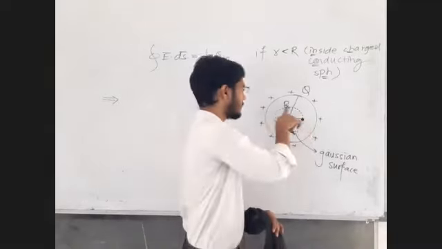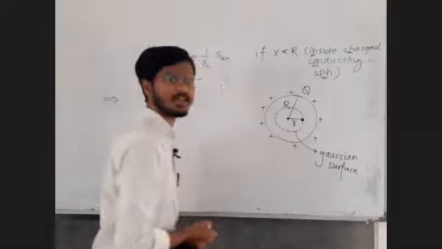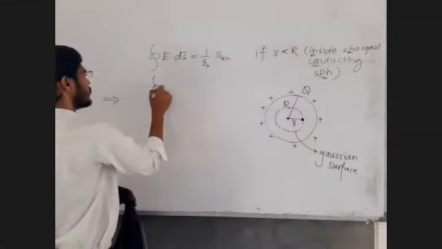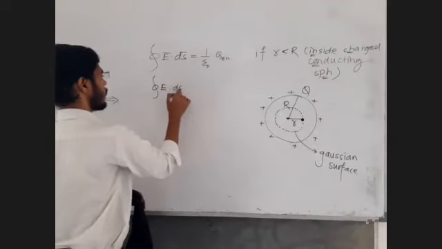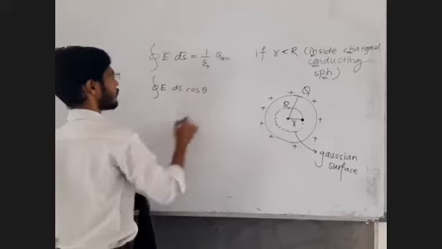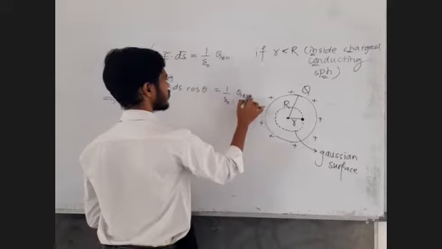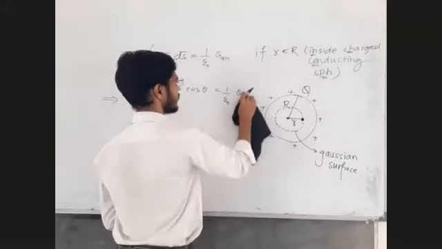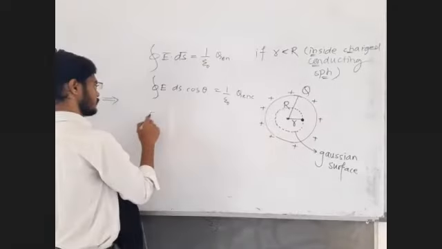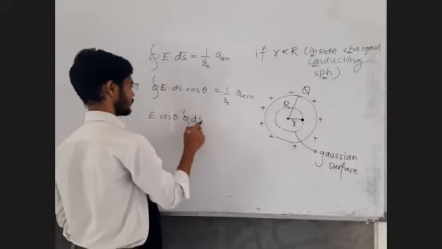Now because of the symmetry, at each and every point on the Gaussian surface, electric field will be constant. Theta is also going to be constant everywhere. So constants are taken out of the integration.